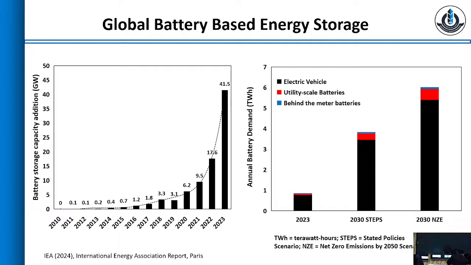This also takes into account utility scale batteries, which are large scale, megawatt and gigawatt scale energy storage systems, particularly for data centers and grid scale storage. That is also increasing, but we see that most of our batteries are going to be used in vehicles, in the form of EVs.